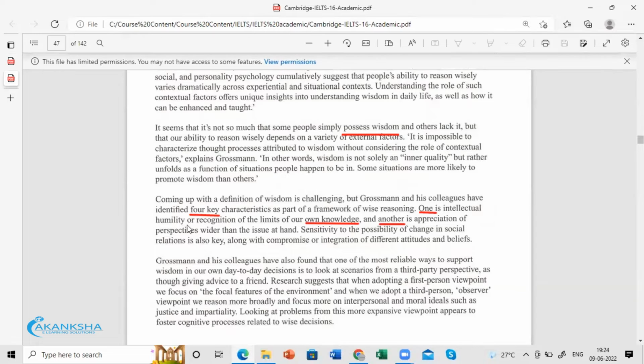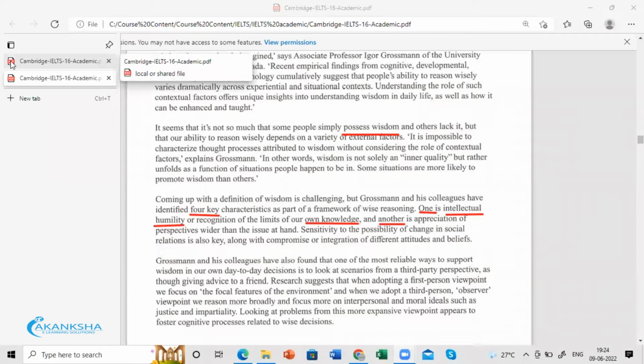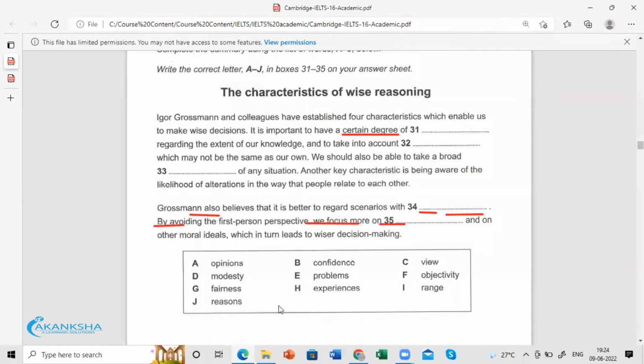So see, the word that we need here is intellectual humility, or maybe recognition, but the main word is intellectual humility. So for this intellectual humility, what is the closest word from A to J?